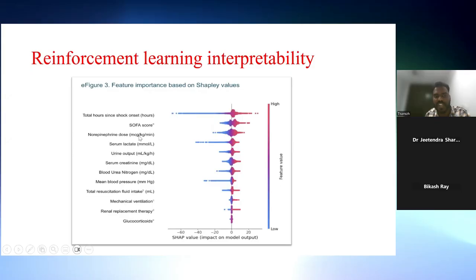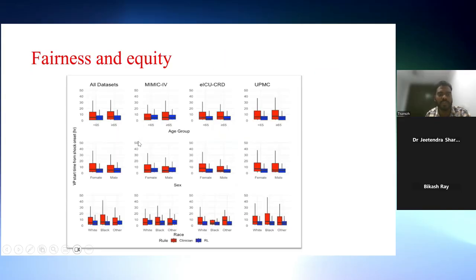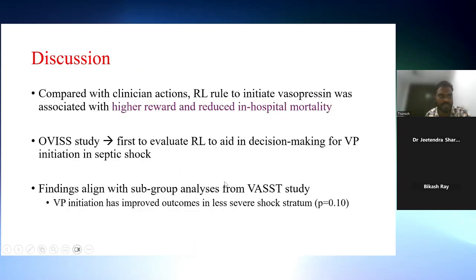These four parameters individually contributed to the higher scores. This is the subgroup analysis they have done in the age groups of less than 65 and more than 65, in male and female, and in different races. As we can see from the graph and these whisker box plots, there is no significant difference between them. It was comparable.